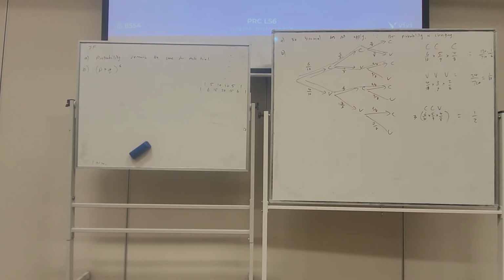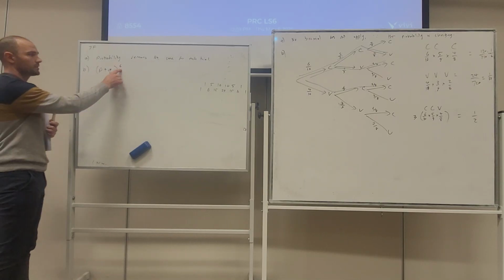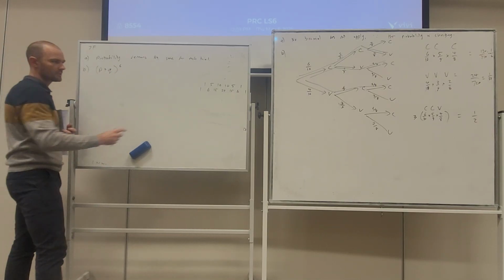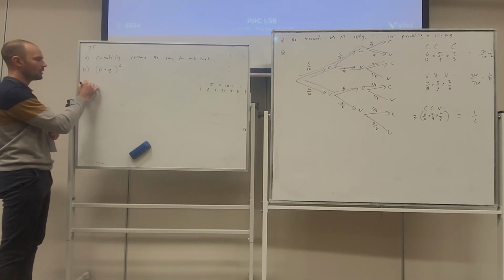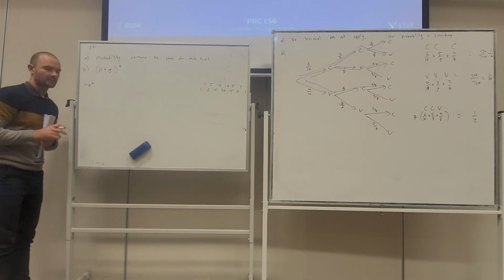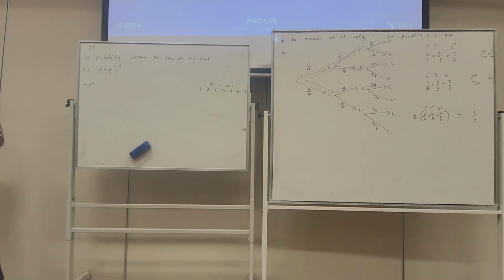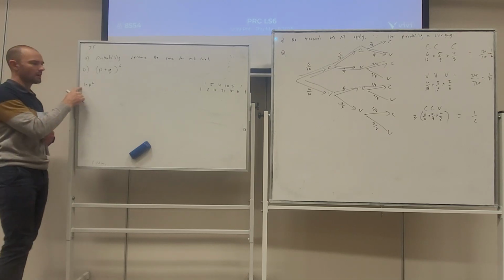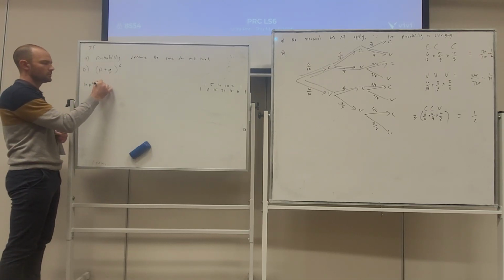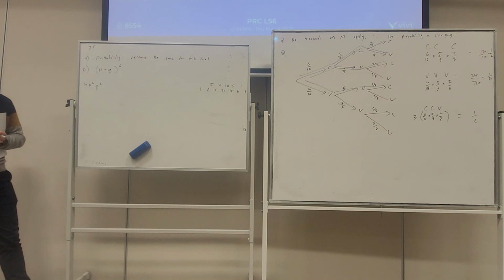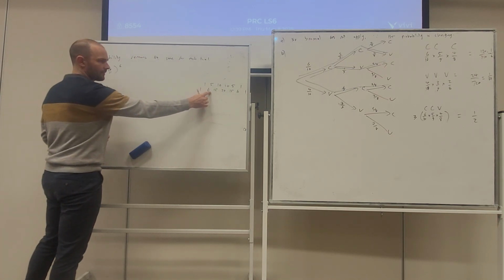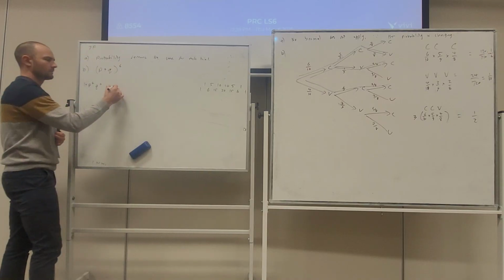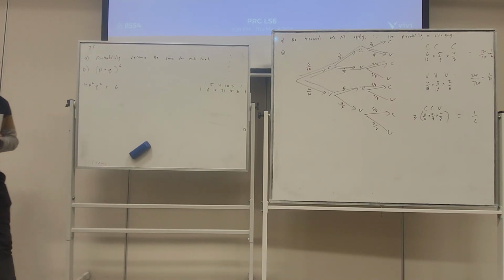Now, if we expand (p + q) to the power of 6, we just start with this coefficient. We're going to have one lot of p to the 6. Technically it's 1 times p to the 6, q to the 0. Then we go plus, and we take the next coefficient, which is 6, from the 6th row of Pascal's triangle.